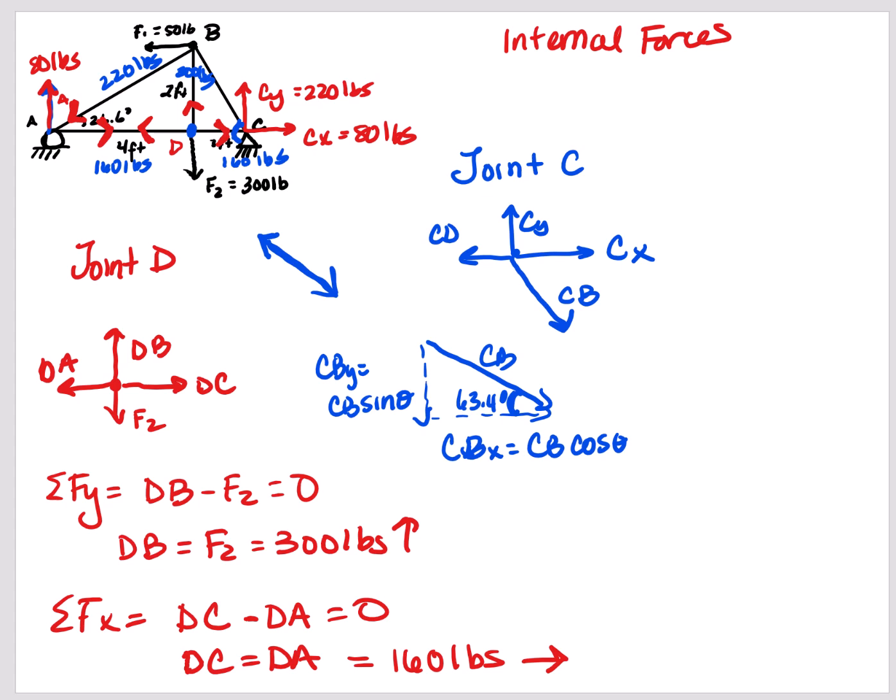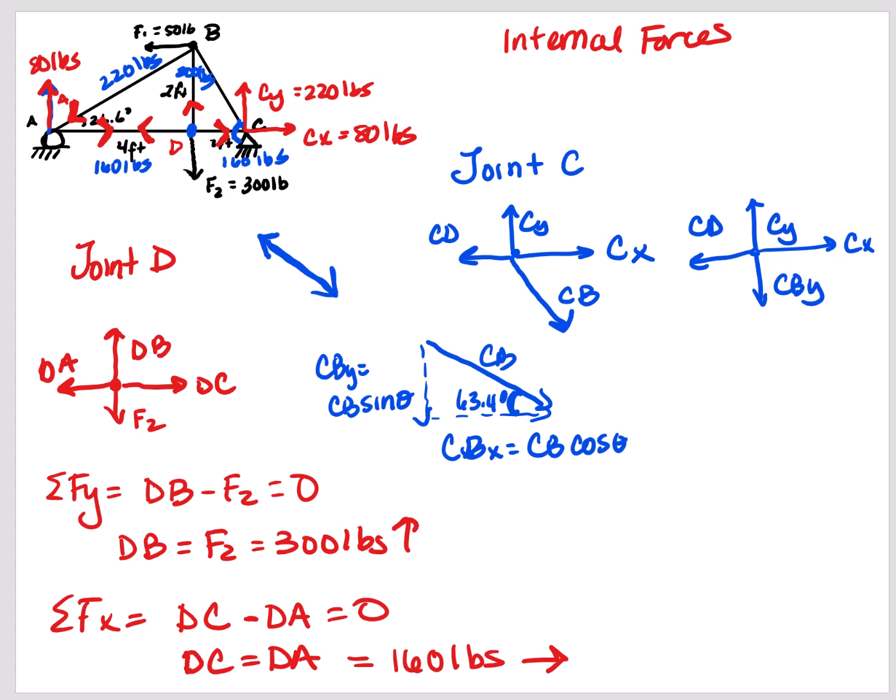So now I'm going to redraw my forces. So I know CY goes up. This is opposed by CBY going down. I know CX is going to go to the right. I know CD is going to go to the left.